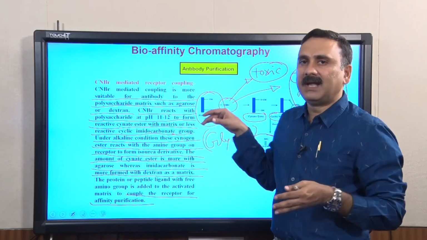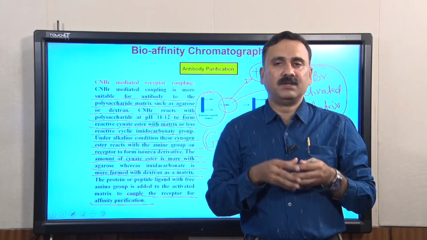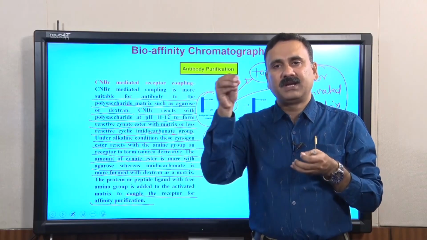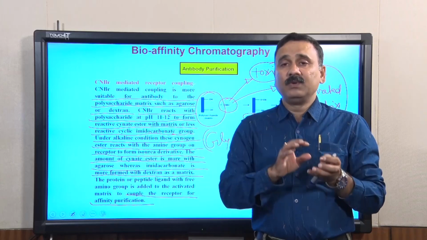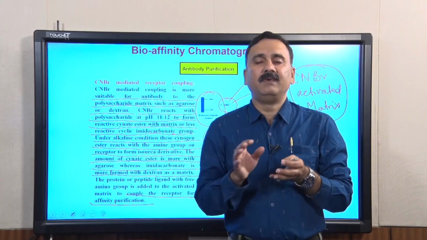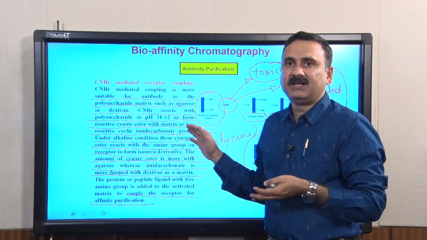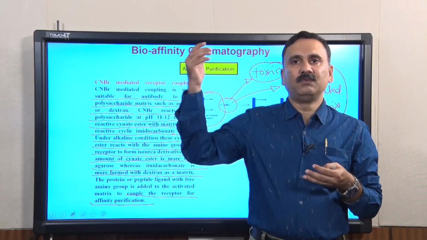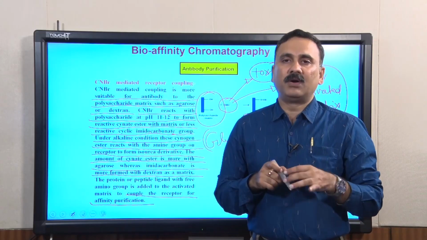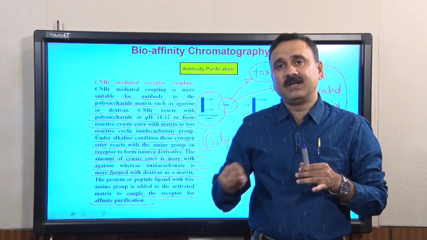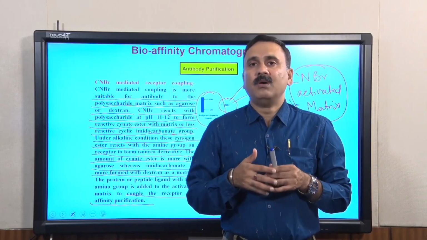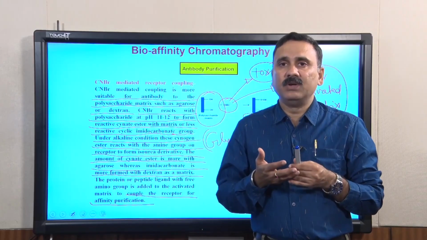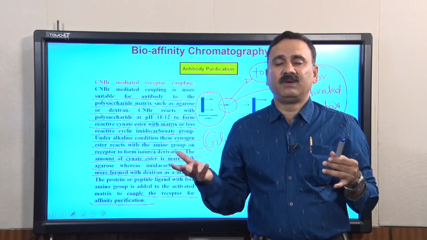The glycine will go and bind to those activated groups. If you use these beads without deactivation, then as soon as you flow the proteins or the serum, the activated groups present on the matrix are going to bind the protein, and that will give you non-specific purification.